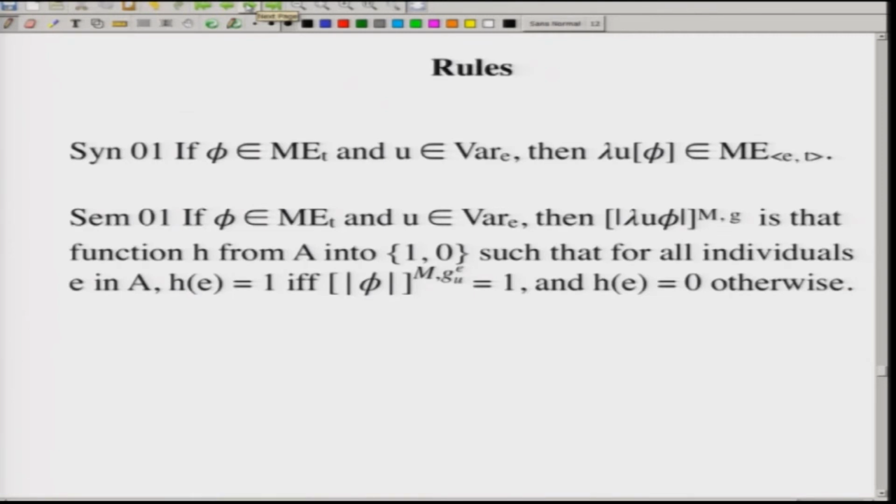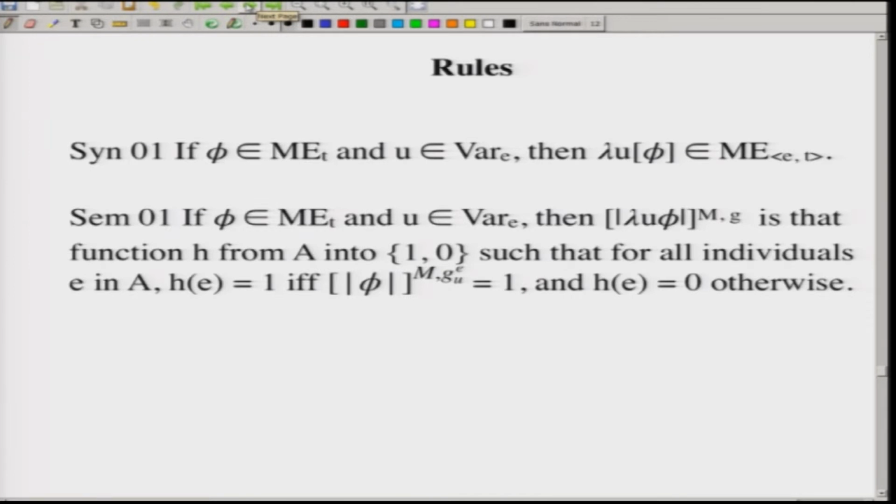So, precisely there are two rules, first the syntactic rule and then its semantic counterpart. Syntactic rule 1 says that if phi belongs to MET, that means phi is like a sentence.